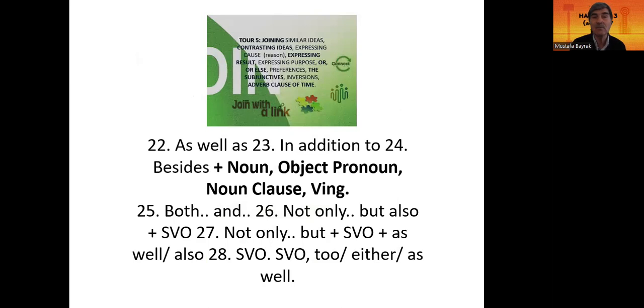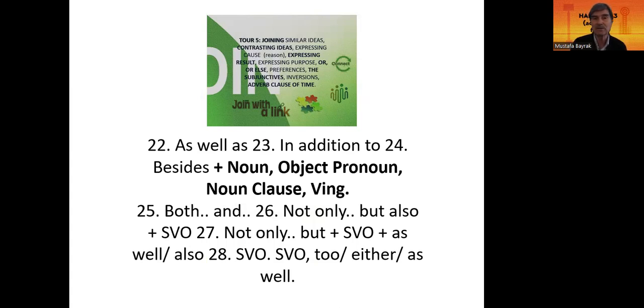Now after 21, again we use them to connect similar ideas, but this time not with a clause, but by putting a noun or object pronoun. Sometimes, for example, besides, we can also use a noun, as well as, for example, in addition to, besides, a noun is possible, or object pronoun, or again, we can use a noun clause or verb-ing.